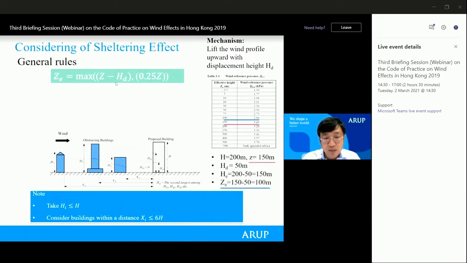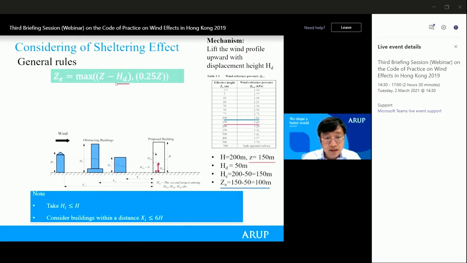But now, because of some upwind obstructing building, the wind profile is lifted upward. So the effective height for evaluating the pressure is only 100, and there is a reduced wind pressure from 3.05 to 2.86 kilopascal. So that is the benefit.